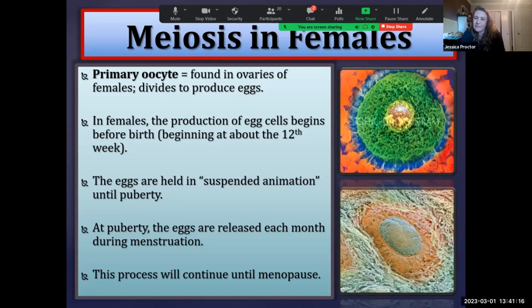So next time you see your grandmother, if your grandmother's still alive, you should tell her this neat little bit of information. You were actually carried not only by your mother, but also your grandmother. Because when your mother was still in your grandmother's womb, she was already producing her egg cells about 12 weeks after fertilization.